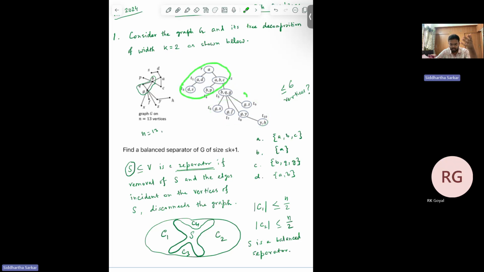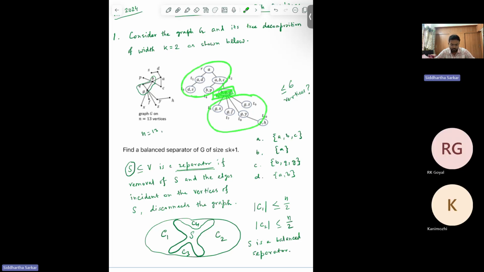In some cases, you can do some recursion on the small parts. And the smaller the balanced separator, the better. Smaller separators disconnect the graph into small pieces, and while merging the solutions of individual pieces, you only have to worry about the vertices in the separator. So when the balanced separator is small, better algorithms can be designed.